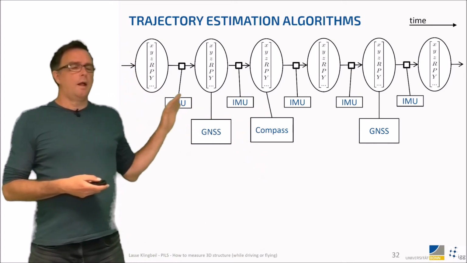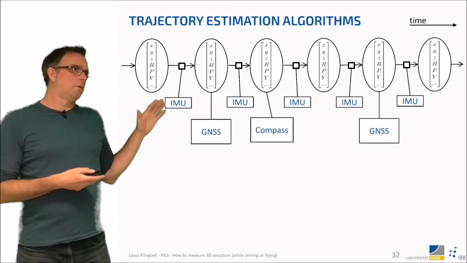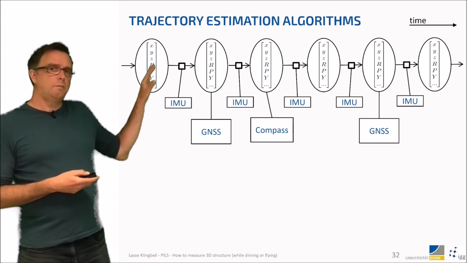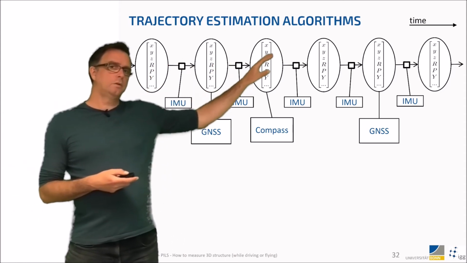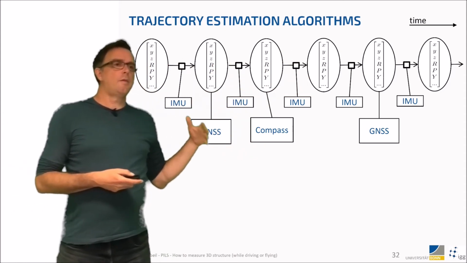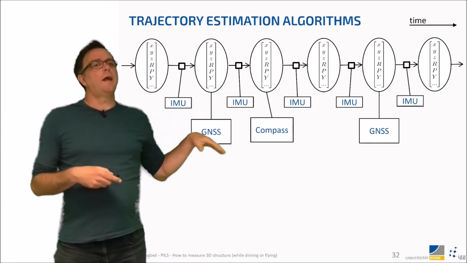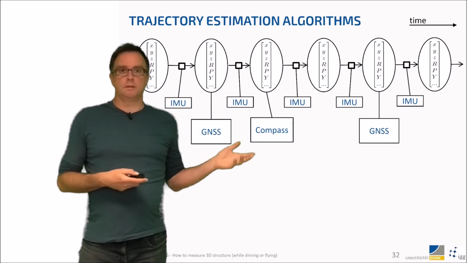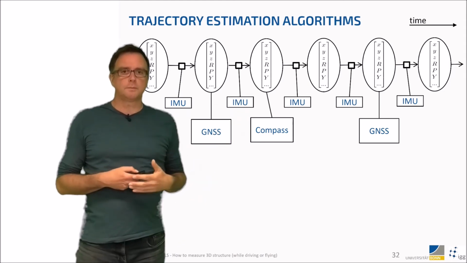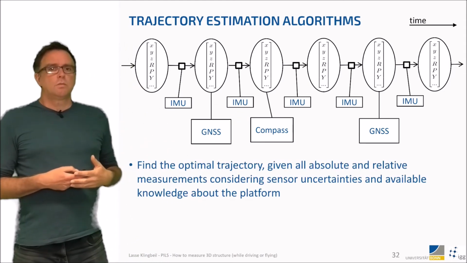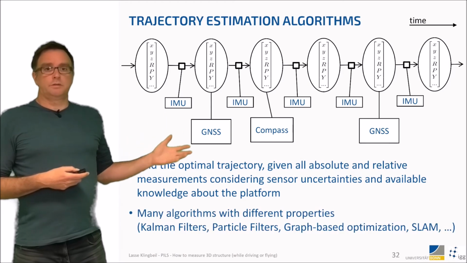And the crucial thing is now to estimate these poses of the trajectory in the best possible way, knowing all these sensor data and also considering their uncertainties, which is of course important. There are different algorithms doing that.